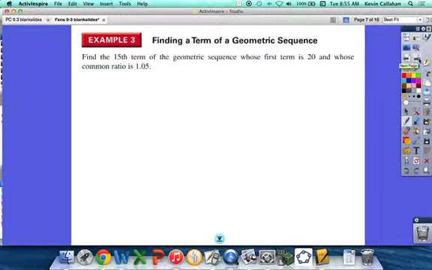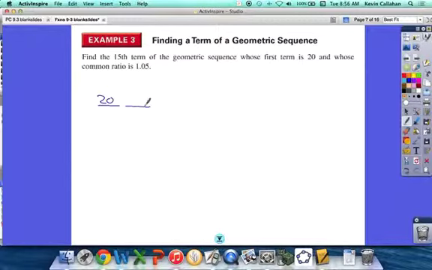Okay, find the 15th term of a geometric sequence whose first term is 20 and whose common ratio is 1.05. Ooh. Now, do you think that we want to go, okay, here's the first term, that's 20, and then our second term is going to be 20 times 1.05, and keep multiplying it times 1.05?